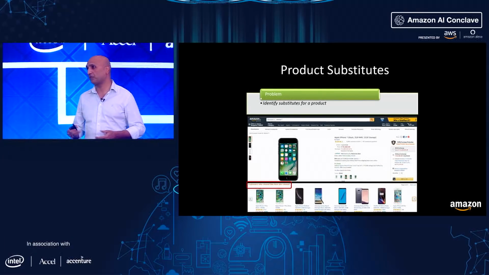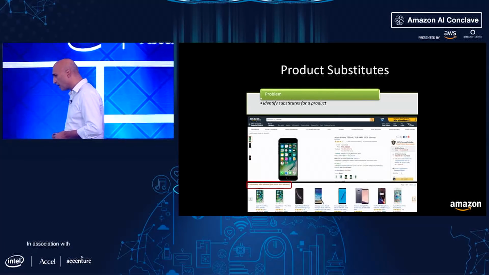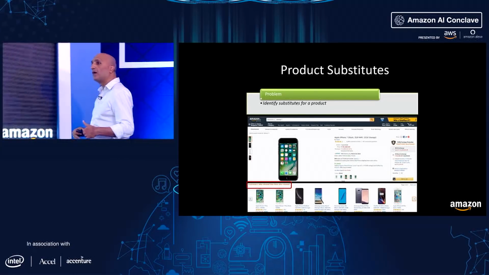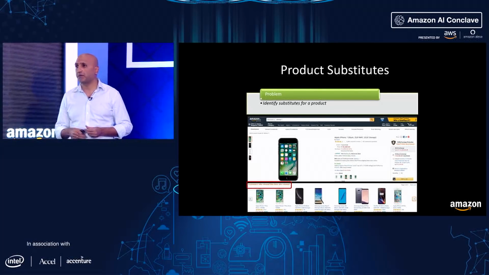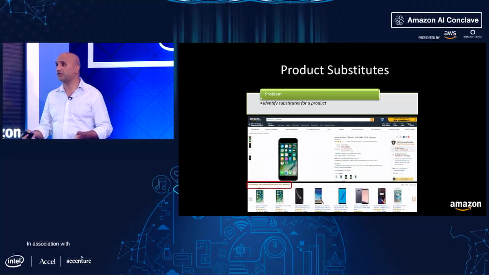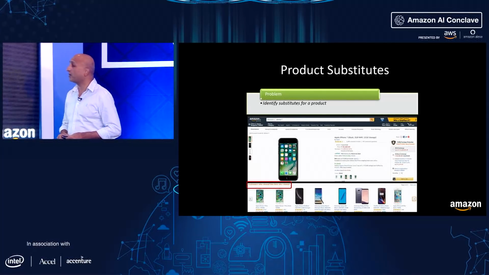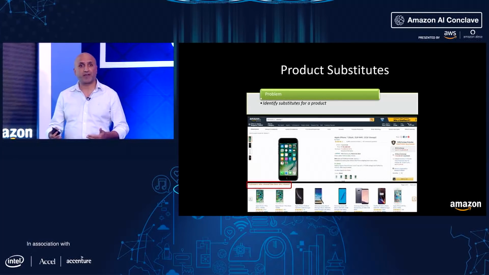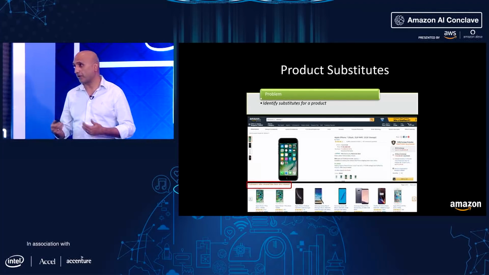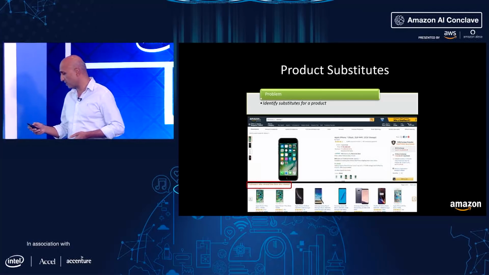We can also show customers substitutes if a product is not locally available, but very close in the same region, a substitute is available, so they can get the product delivered much faster than the product they were looking for, maybe that's not locally available.